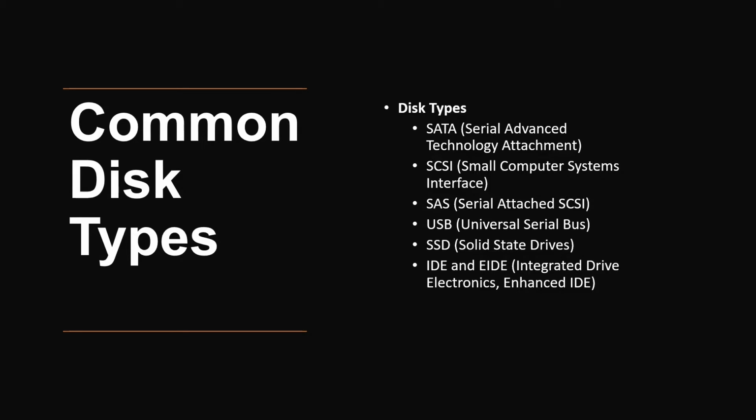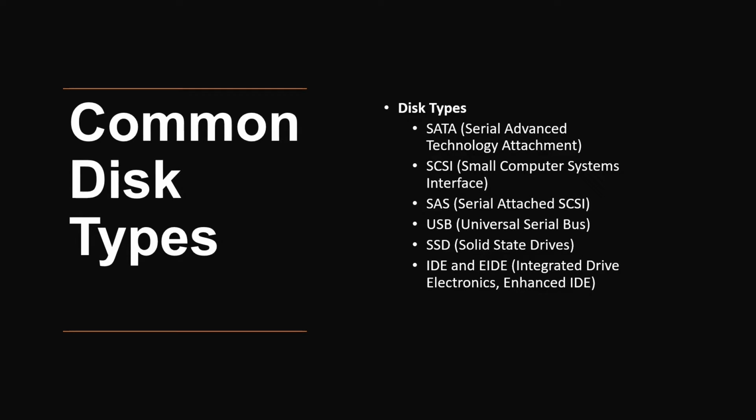They are seen as SCSI devices. SCSI disks range from a narrow 8-bit bus to a wide 16-bit bus, with a transfer rate from about 5 megabytes per second, narrow standard SCSI, to about 160 MB per second, ultra-wide SCSI 3.